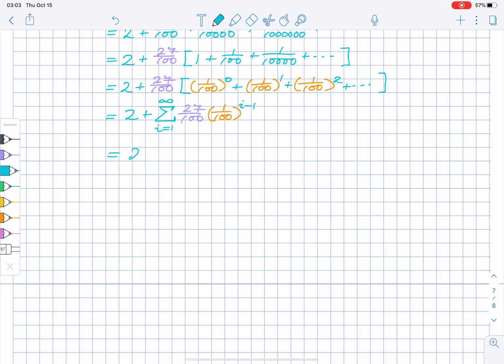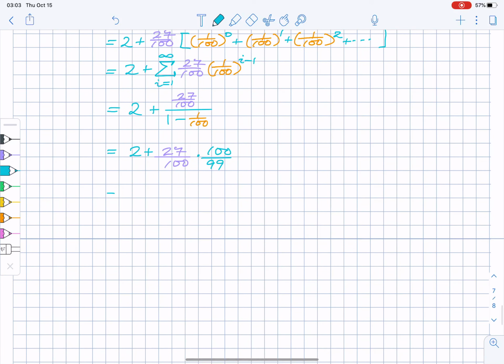So I claim that this is 2 plus a, 27 over 100, divided by 1 minus r, 1 over 100. So this will be 2 plus 27 over 100 times the reciprocal of 99 over 100, so 100 over 99.